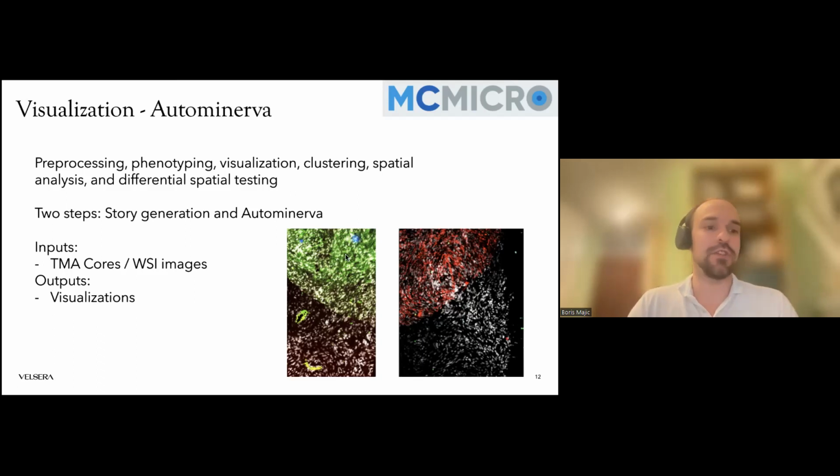And AutoMinerva will try to detect which combinations of channels can be useful, or you can just look at one channel at a time. It will also make some groups and try to somehow be smart about what combination of channels carry the most information.